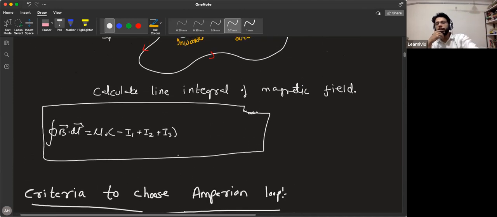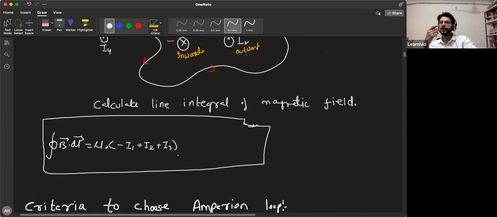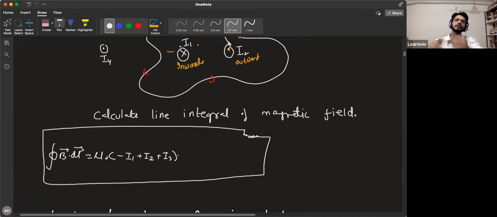Now, to use Ampere's Circuital Law, we have to choose an Amperian loop. There's a certain criteria to choose an Amperian loop. Does anyone remember the criteria to choose a Gaussian surface in Gauss law?